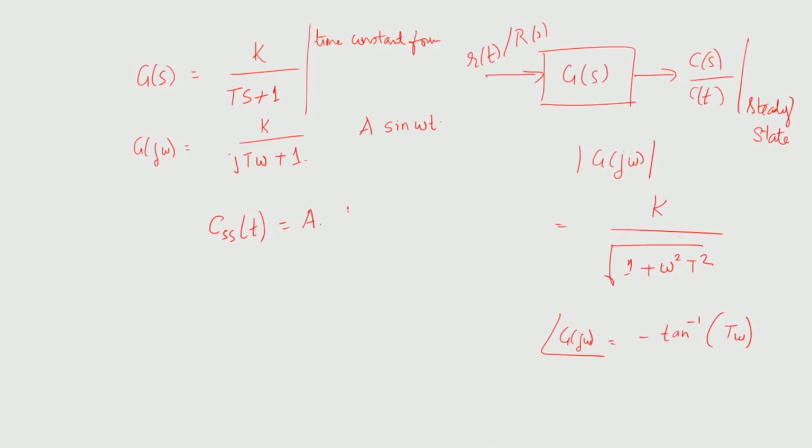That is k over square root of 1 plus omega square T square, and sin of omega t plus phi. This phi is minus tan inverse T omega.